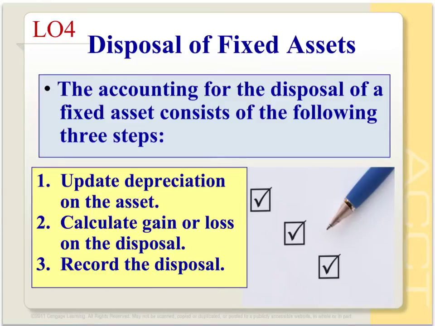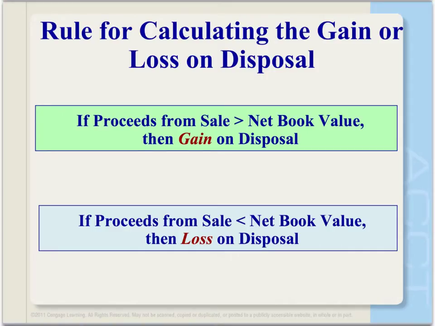So the first thing we would need to do is update the depreciation up to the point of sale. We then calculate a gain or loss on the disposal of that asset, and then we record a journal entry for that disposal. Rules for calculating the gain or loss on a disposal are as follows.